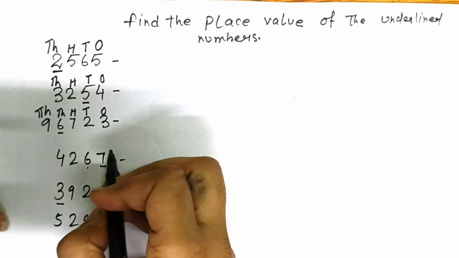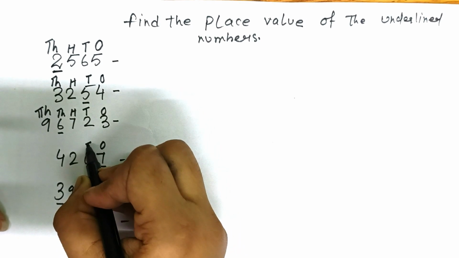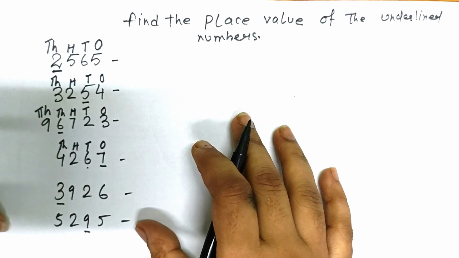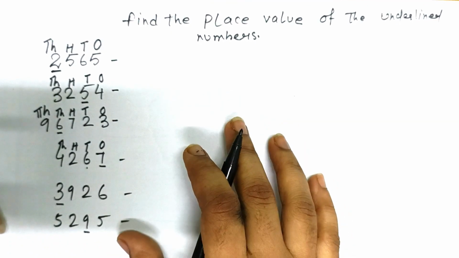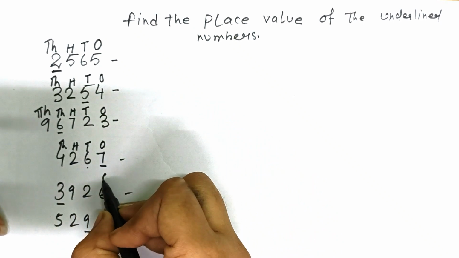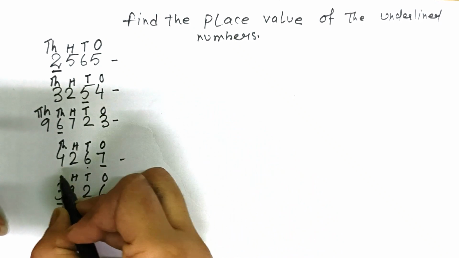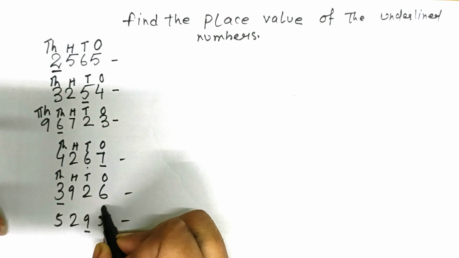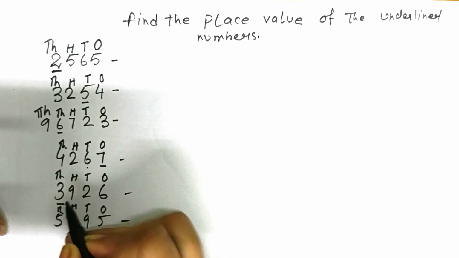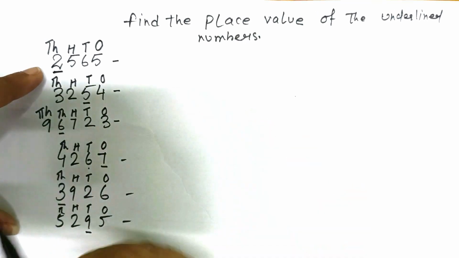Clear? Before finding out the place value of any number, first write down its place values: ones, tens, 100, 1000. Now let's start doing this one.